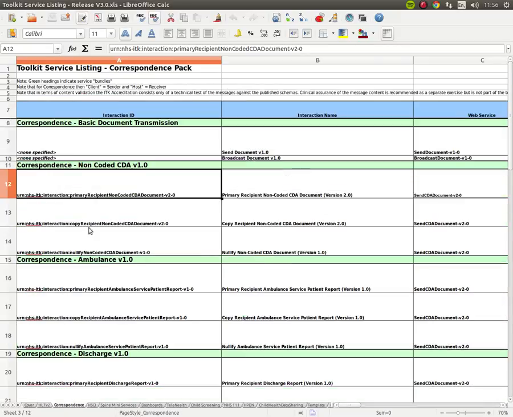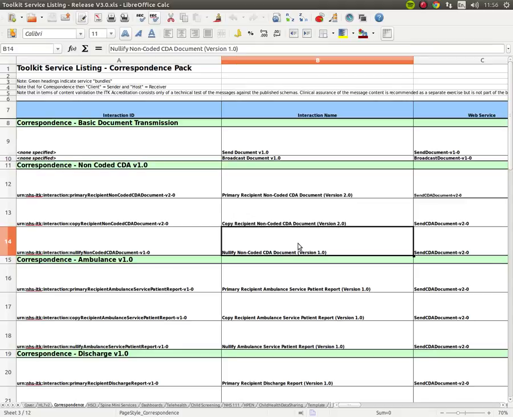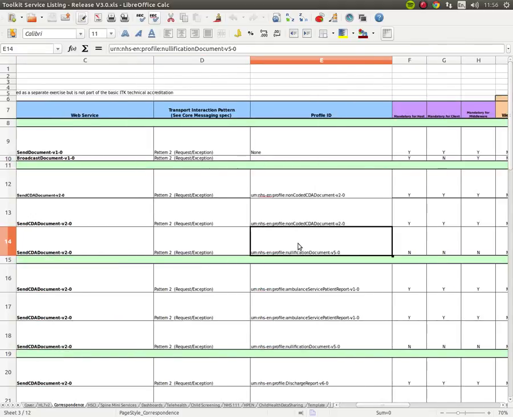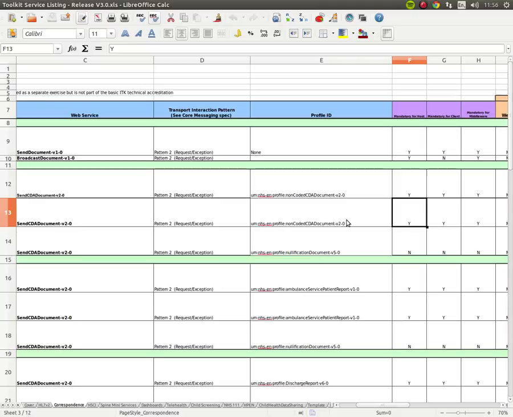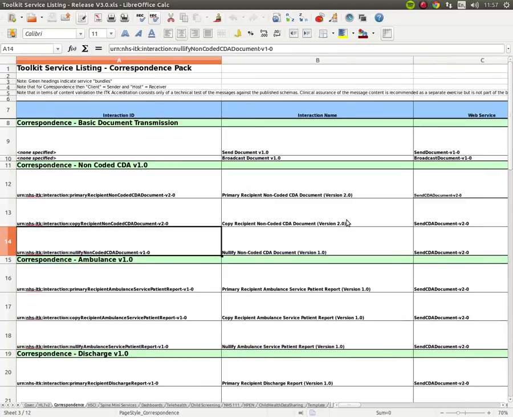So if we look at non-coded CDA, for example, non-coded CDA contains three message types, or rather I should say interaction types. So we've got a primary recipient interaction, we've got a copy recipient, and then we've got a nullify CDA. And over here we state whether they're mandatory for host and clients, and in this instance the primary recipient and copy recipient are both mandatory for both clients and hosts, and the nullify is something that's optional.